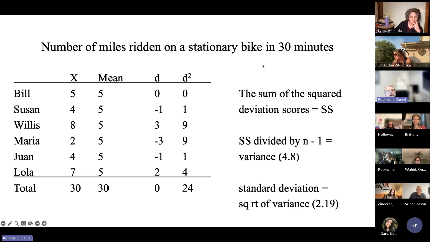So you can see I've got X, capital X at the top here. X is a symbol and it stands for a raw score. Capital X always stands for a raw score. So I've simply got a column there of the raw scores, which you've already seen. And then you can also see I've got a set of mean scores, right? Those are not very nice scores.